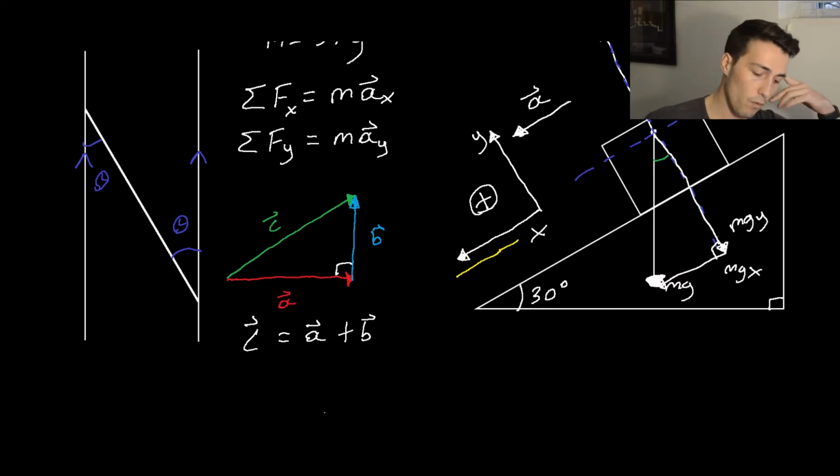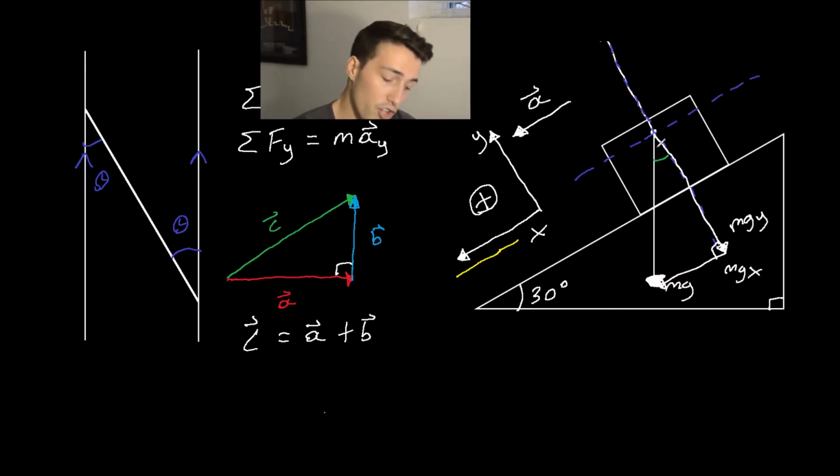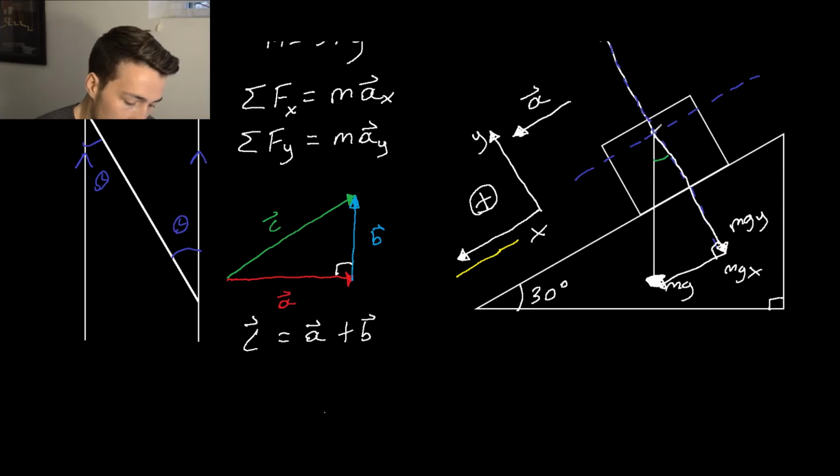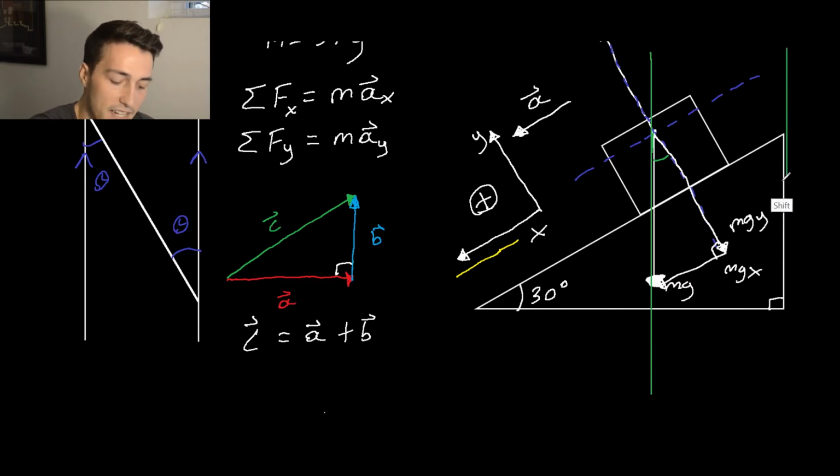So what we want to do here is apply this concept. If I look at the force of gravity, not broken up into components, just the force of gravity we had initially, that is going to be this line here. And then we also have a parallel line to that over here, and that's the height of the triangle. So these green lines here are parallel.